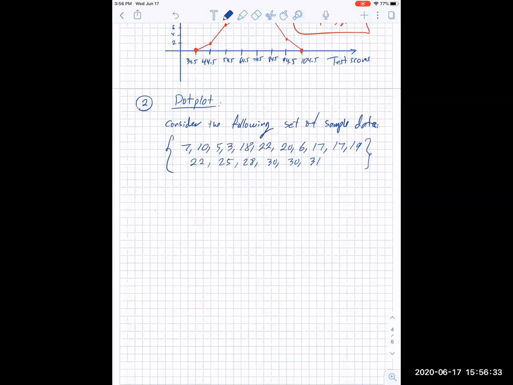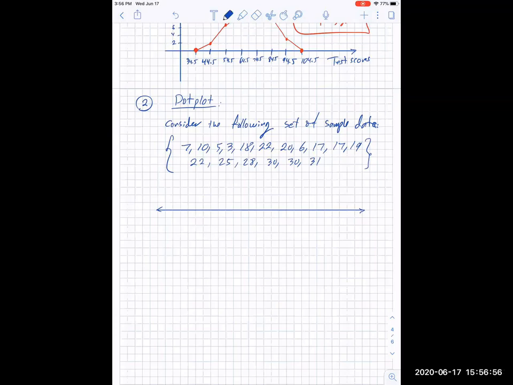We're gonna draw a horizontal line. And then on the horizontal line, we have 7, 10, 5.